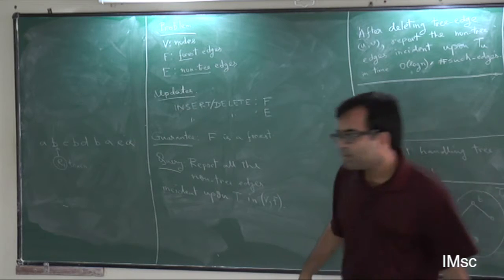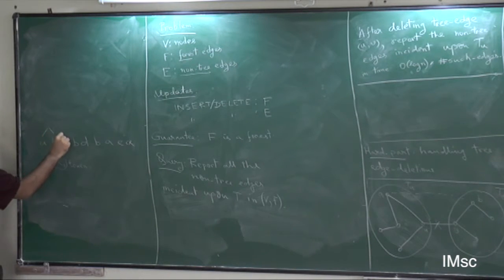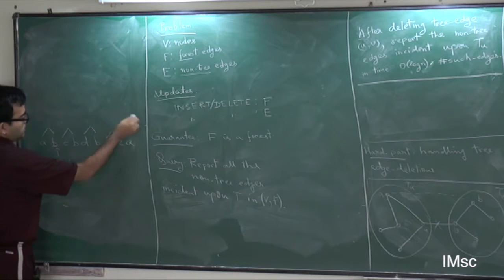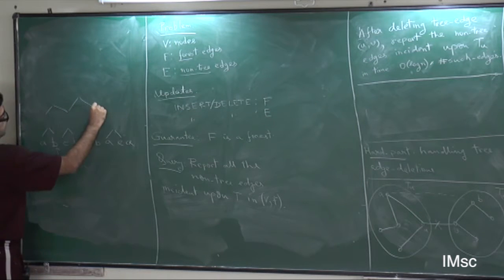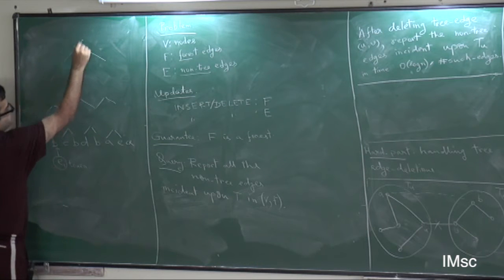So, the idea is very simple. This is going to be a balanced search tree. Suppose it is stored like this or something, I am just ignoring this A, and say this is the root.